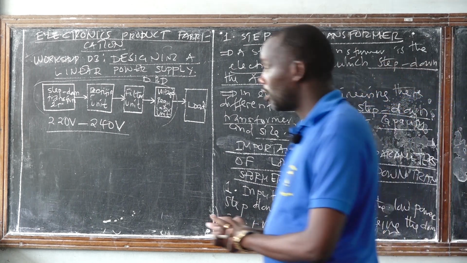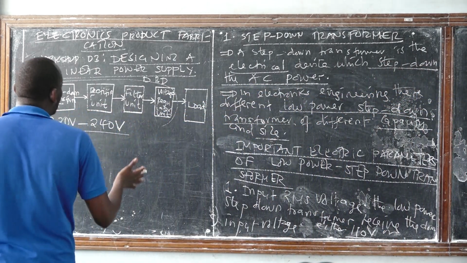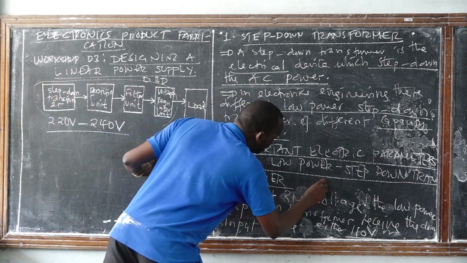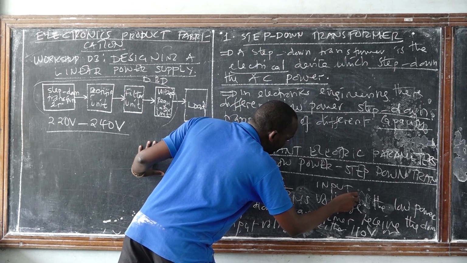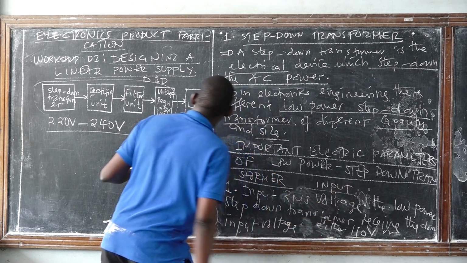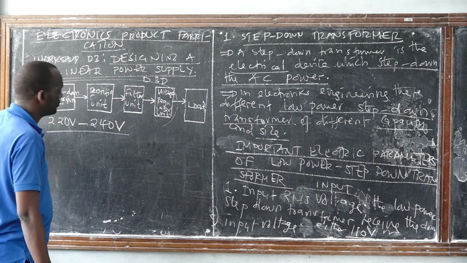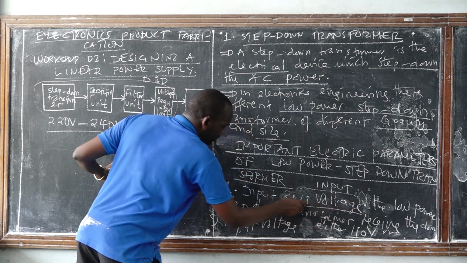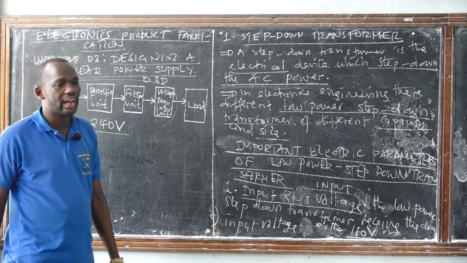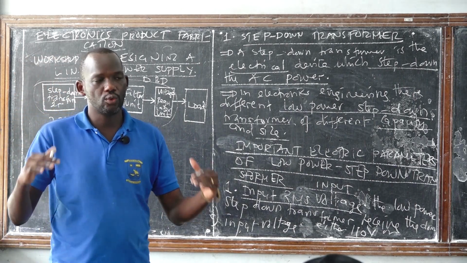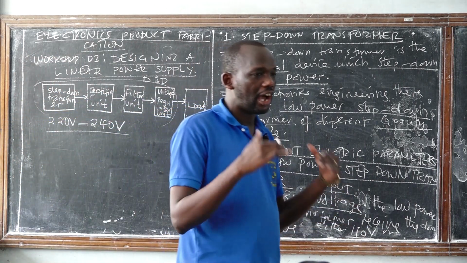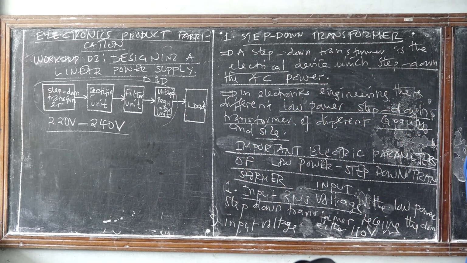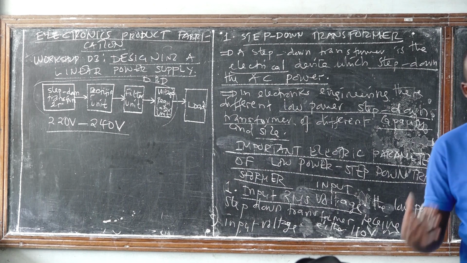Okay? So we call this the input because we began with the input of the transformer. So the first parameter we discussed is the input root mean square voltage. For we who are living in Tanzania, our domestic root mean square voltage is 220 volt to 240 volt.